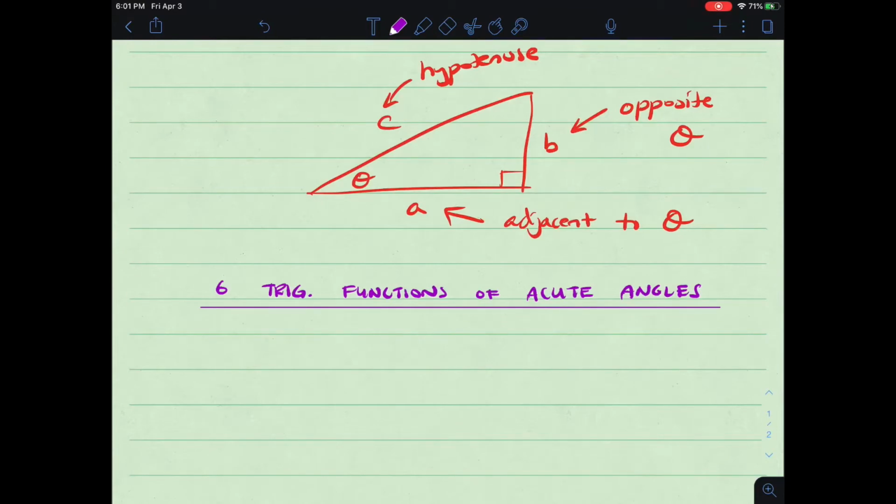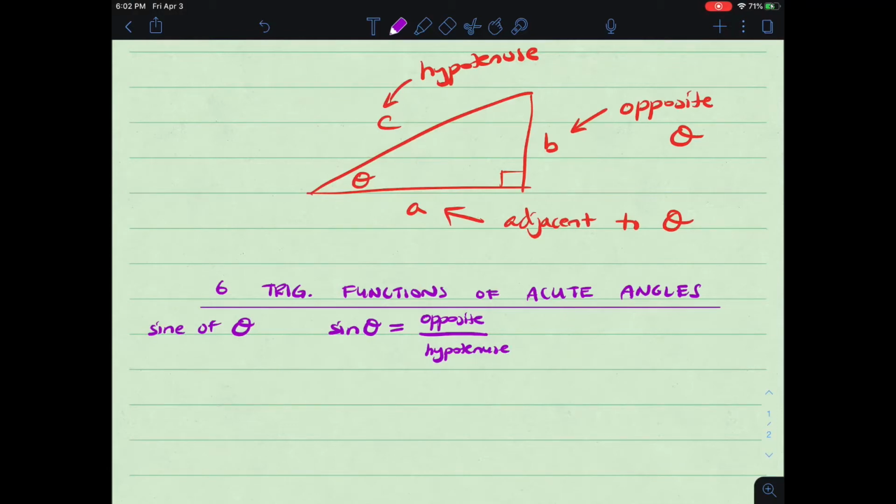One of the trig functions you learned last year was the sine of theta. A lot of times we'll write it as sin theta like this, using just the first 3 letters. And the way we define sine theta is as a ratio, where we take the opposite theta and divide it by the hypotenuse.